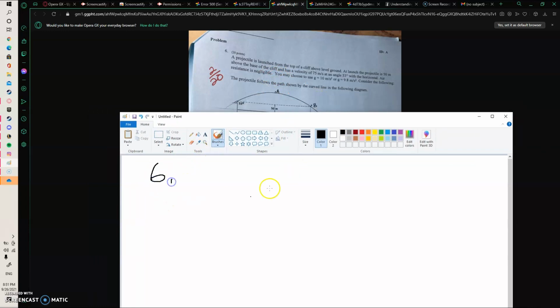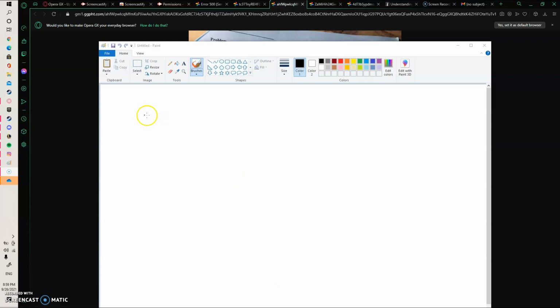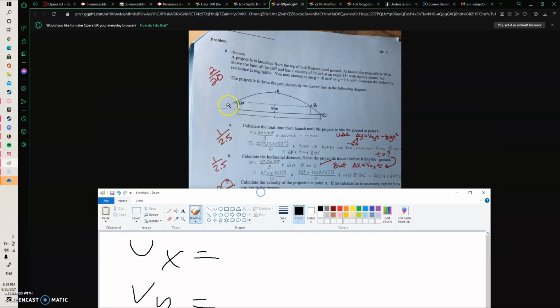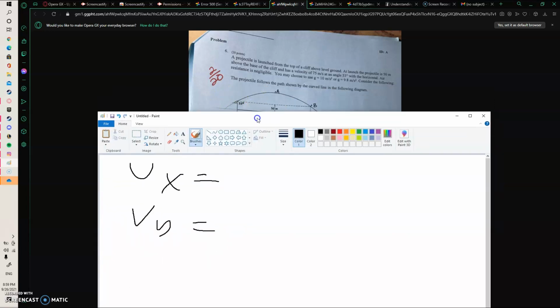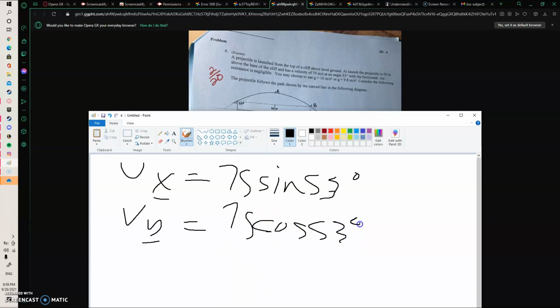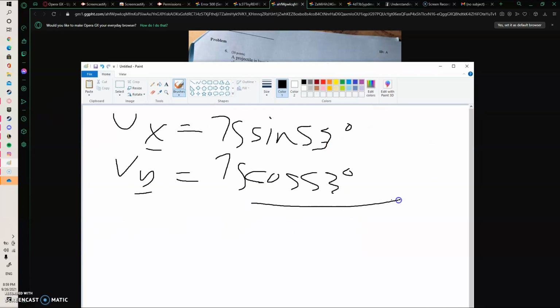The first thing we would do before we attempt any of these questions is find Vx and Vy. Because we know the angle and we know the speed, we can find Vx and Vy. In the x direction you would use cosine 53 degrees, and for the y direction sine 53 degrees, sorry, I'm looking at the wrong thing.